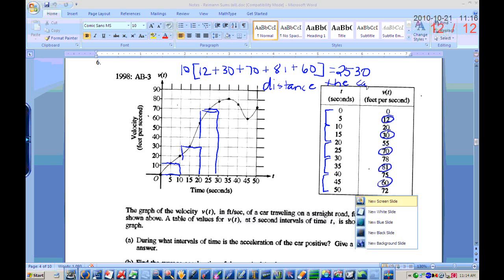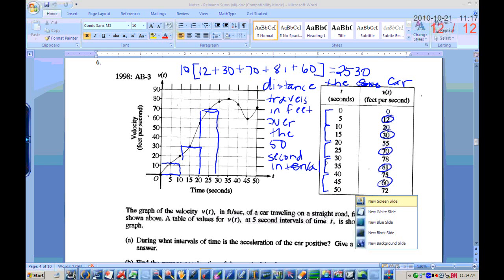The distance the car travels, in feet, over the 50-second interval. You will not get all of your points if you don't put over the 50-second interval.